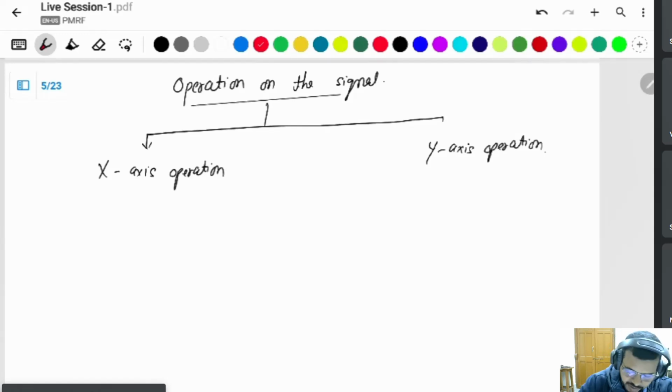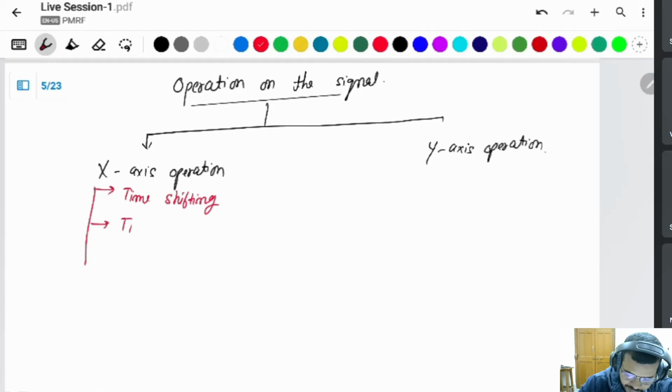In x-axis operation, there are three categories: time shifting, time scaling, and time reversal.